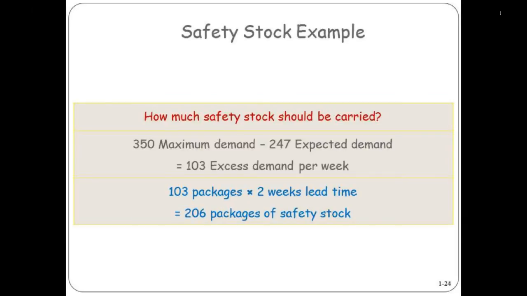Since you have a 2-week lead time, there was nothing in the case that said that the lead time was going to be a problem. So you'd want to be able to handle those last 2 weeks at the maximum level to avoid stocking out. So you'd have to have 206 packages of videos on hand at all times. So you don't allow yourself to go down to 0. You would allow yourself, in theory, if you sold at the 247 level, to never go below 206.